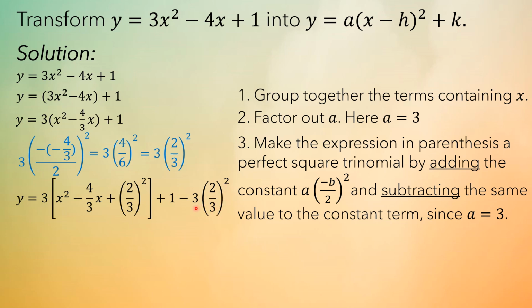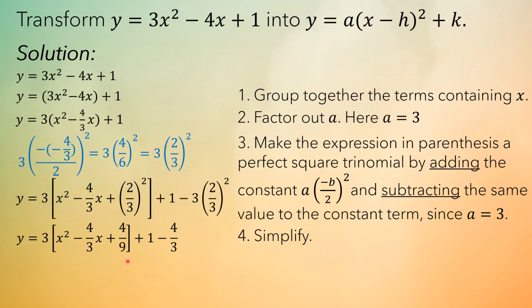Bakit kabilang ang 3 dito sa tabi ng constant na positive 1? Ito ay dahil wala pang positive 3 dito. Hindi katulad nung nandito. Okay, next is to simplify. So, i-simplify na natin ang trinomial na ito at ang mga constant na ito. So, magiging y equals 3 times x squared minus 4 over 3x or 4 thirds x plus 2 squared is 4 and 3 squared is 9.